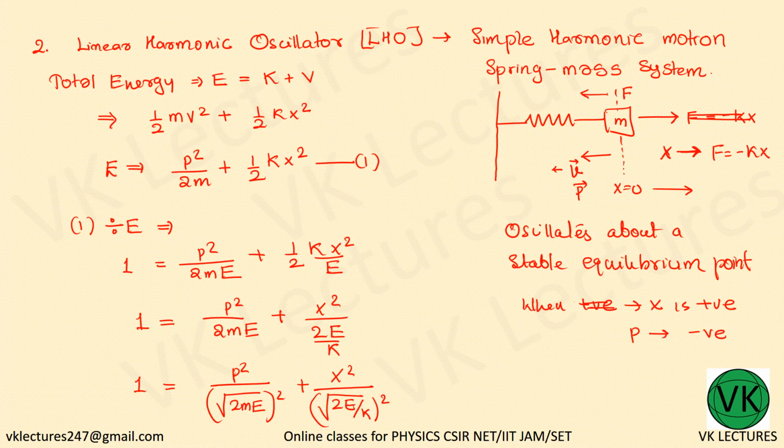Now this is of the form x square by a square plus y square by b square equal to 1. This is the ellipse equation. Now we need to find what are a and b.